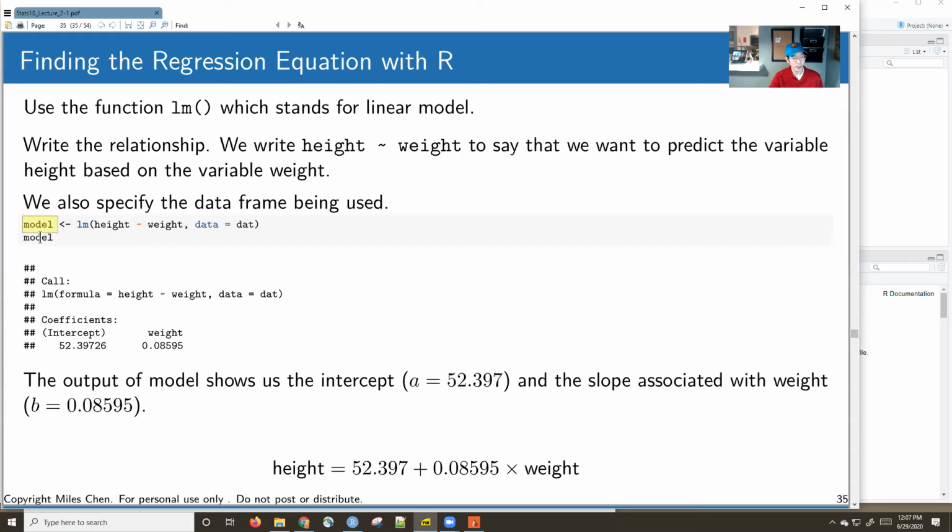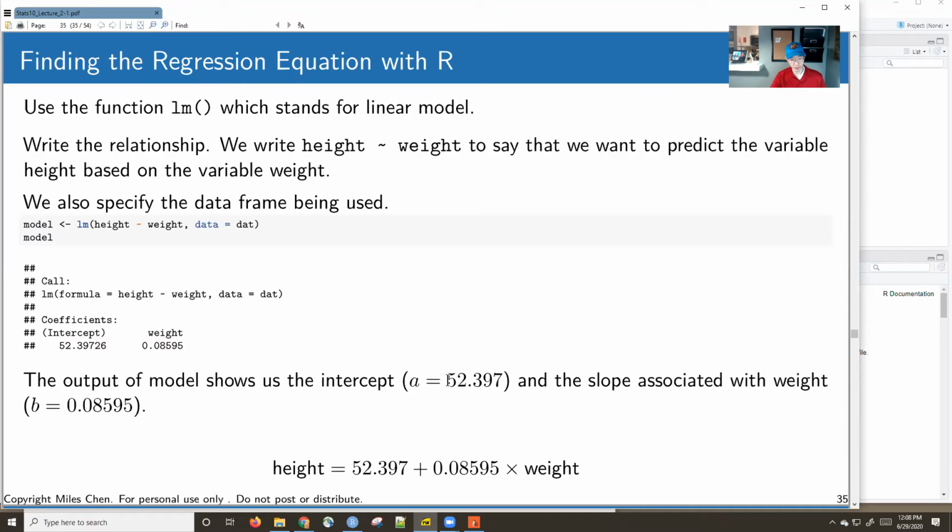And so when we ask what is the result of model, it prints out what the intercept and the slope are, okay? So the intercept is our A value. And then over here, this is the slope associated with the variable weight, and so this is going to be our B value.